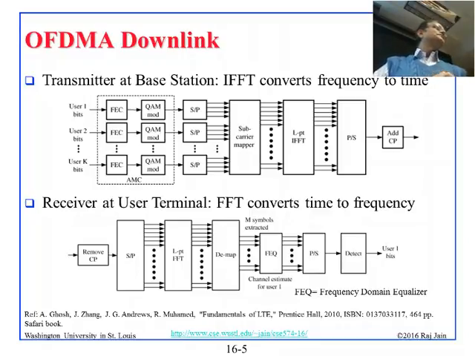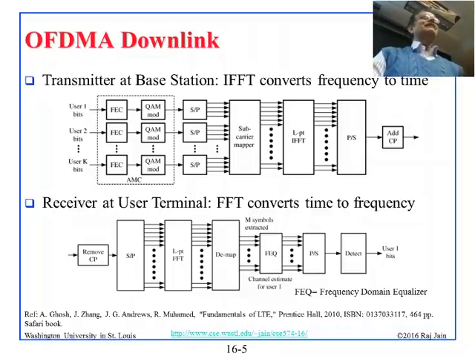Question: the first block is for the uplink, and the second one is for the downlink? Hold on. The first one is the transmitter at the base station, which is high, on the mountain, so the first diagram is for downlink. The second one is the receiver at the mobile.